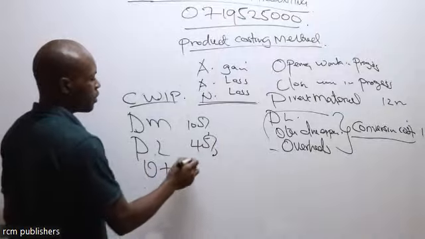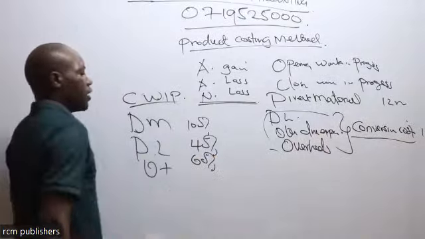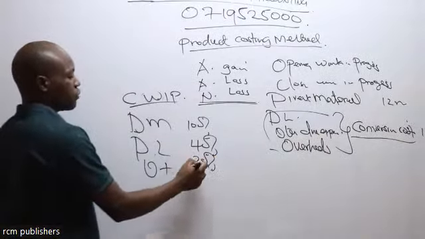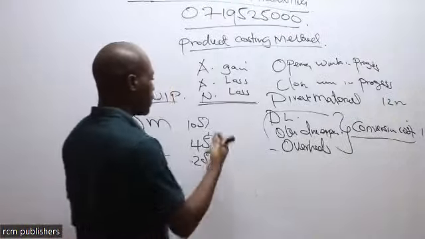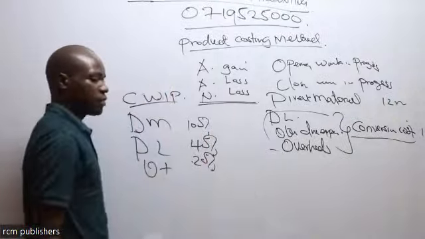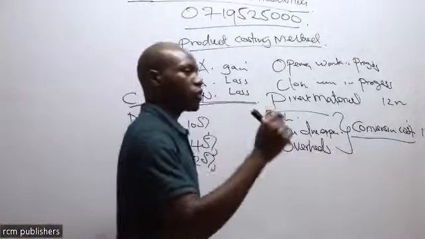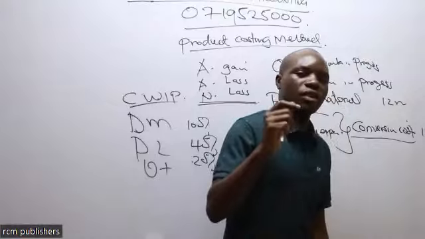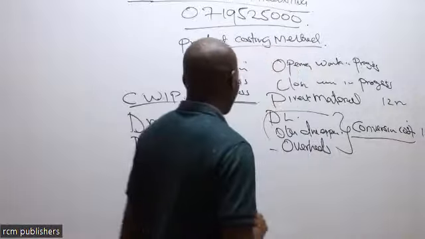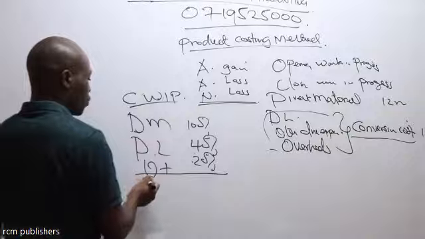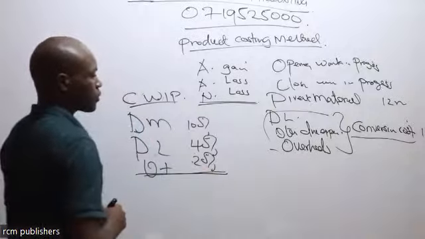Then overhead is 60% complete, or even let's say 20% complete. Are you able to give us the cost? If you are given the cost and these percentages, are you able to give us the cost of producing such goods in that particular period or in that process? That is what we are going to look at.